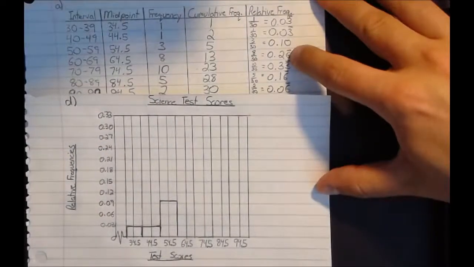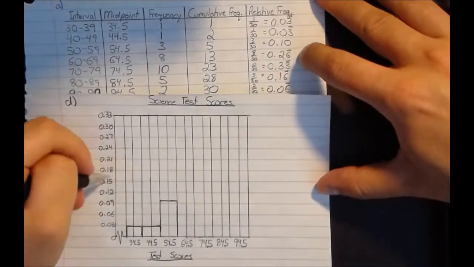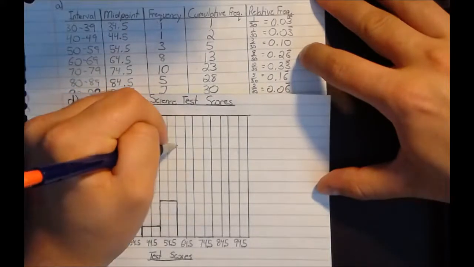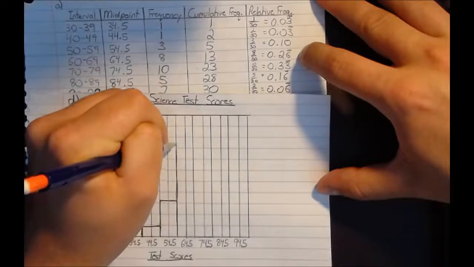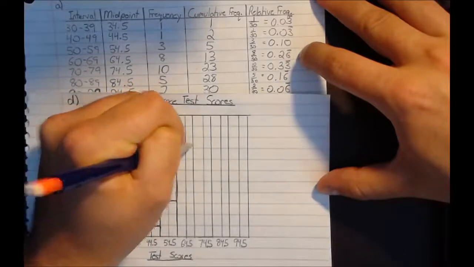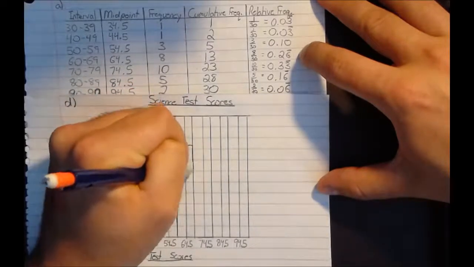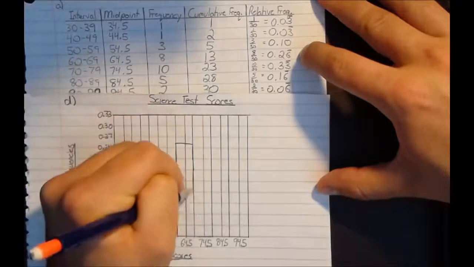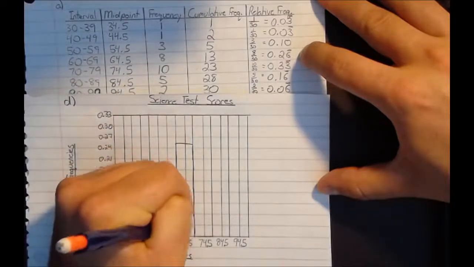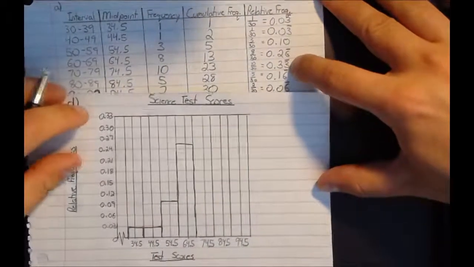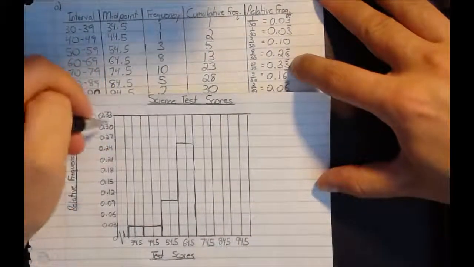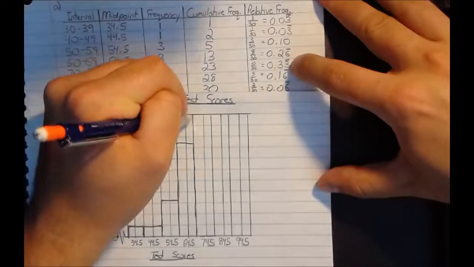From 60 to 69, it was 0.26. It's all the way up here, so you can see quite the jump. It's really easy to see how many data points were in each interval when you take it as a percent of the whole. Okay. From 70 to 79, it was 33%. At the very top here.